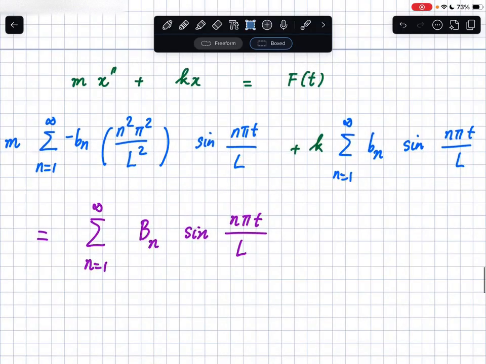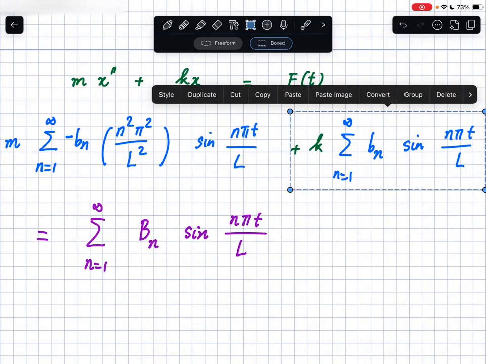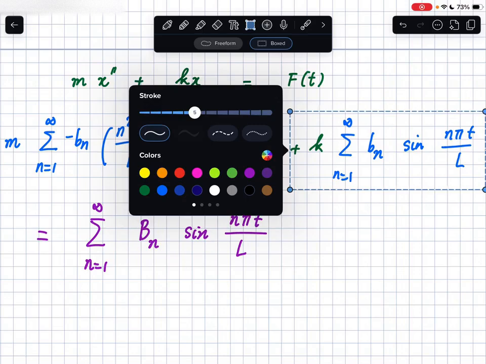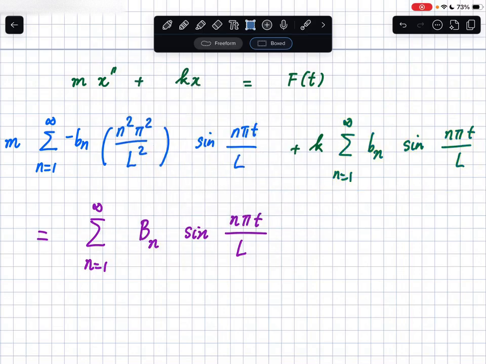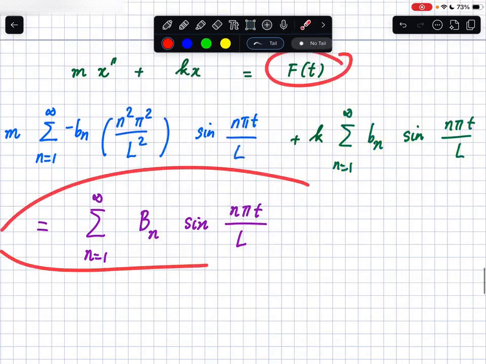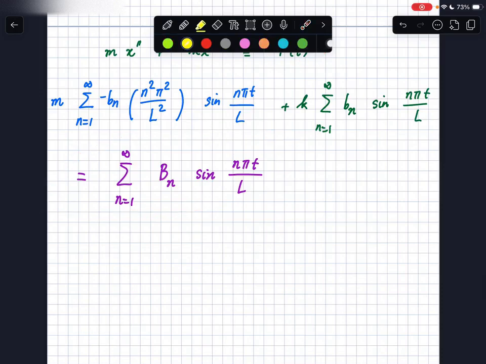So m times x double prime plus k times x equal to f(t). Now we get all the coefficients of sine n pi t and let the coefficients be equal.